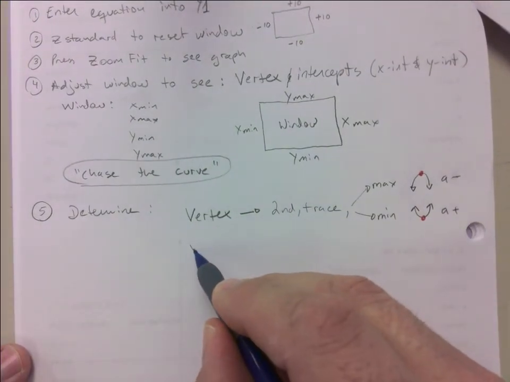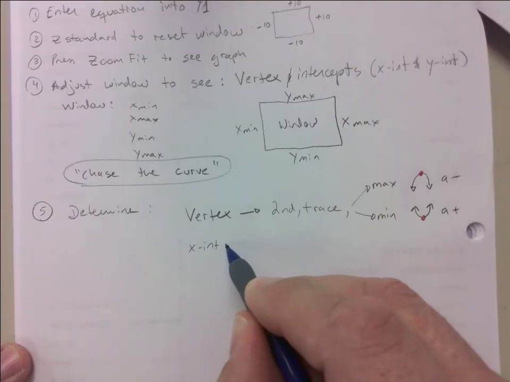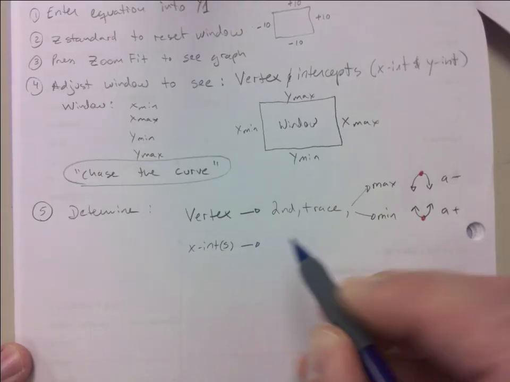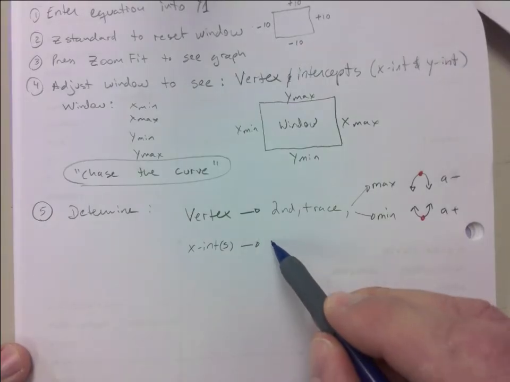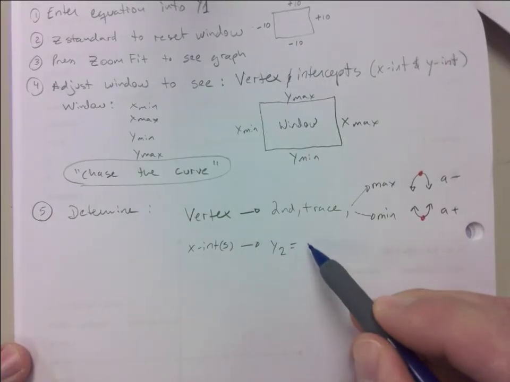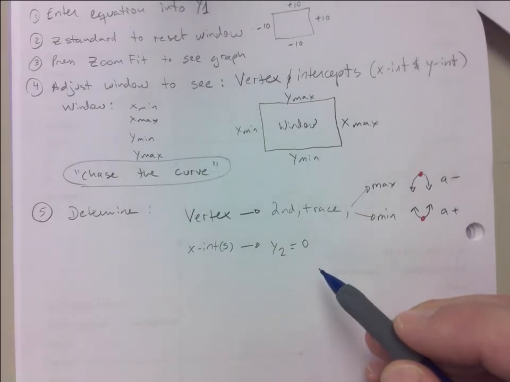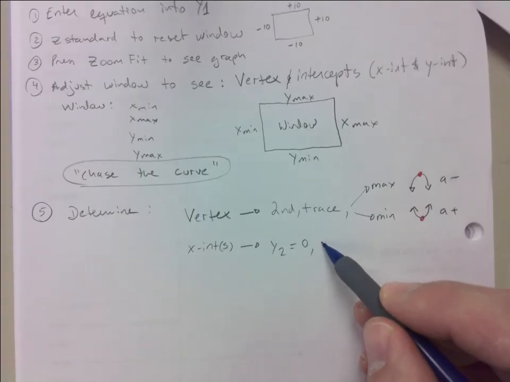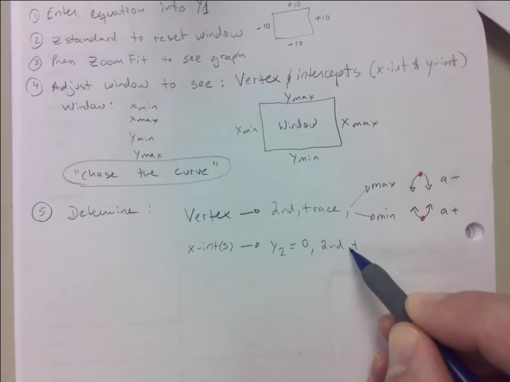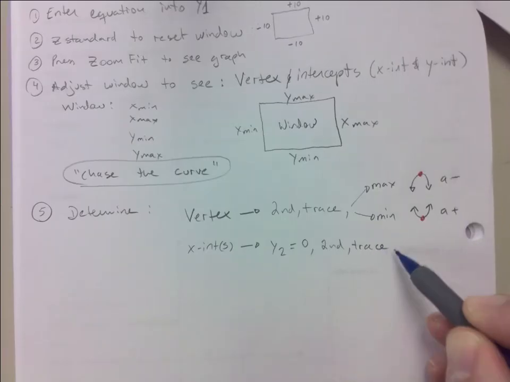Next, you want to find the x-intercept if they're there. How do we go about that? Anybody remember how to find the x-intercepts? y2 is equal to 0, right? We draw the line, sketch this. Okay? Then we go second, trace, intersect.